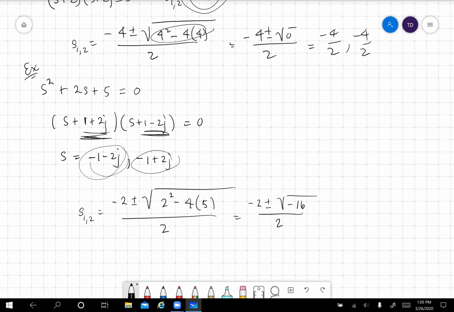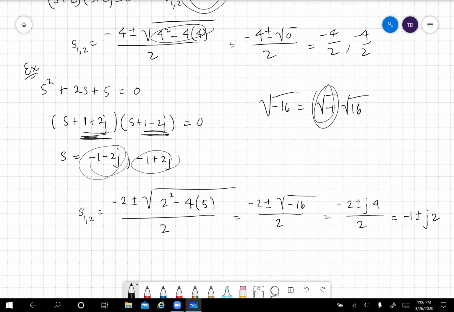If you're a little rusty, just remember the square root of minus 16 is the square root of minus 1 times the square root of 16. Okay, there's the j. Square root of 16 is 4. This is equal to minus 2 plus or minus j4 over 2, which is minus 2 over 2, that's minus 1, plus or minus j4 divided by 2. 4 divided by 2 is 2, plus or minus j2. And those are the two answers that we have there. Minus 1 minus 2j, minus 1 plus 2j.